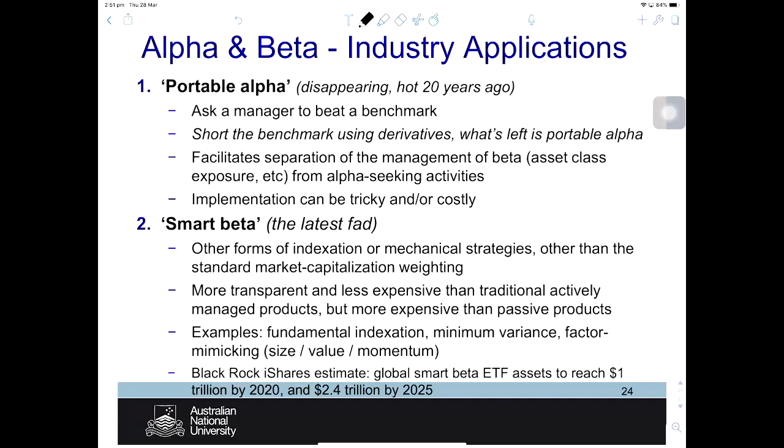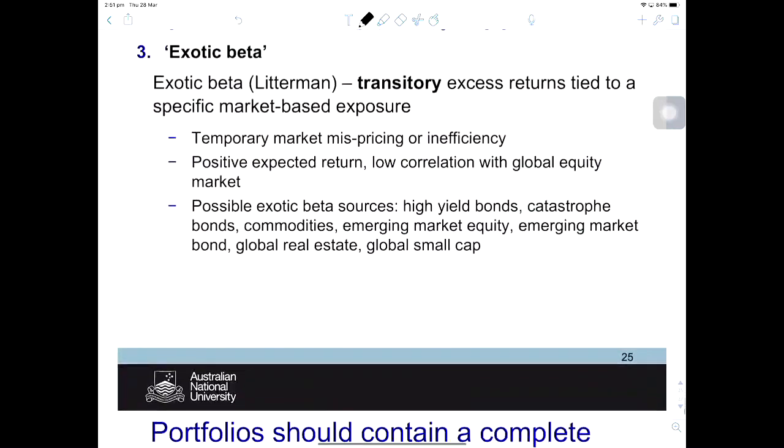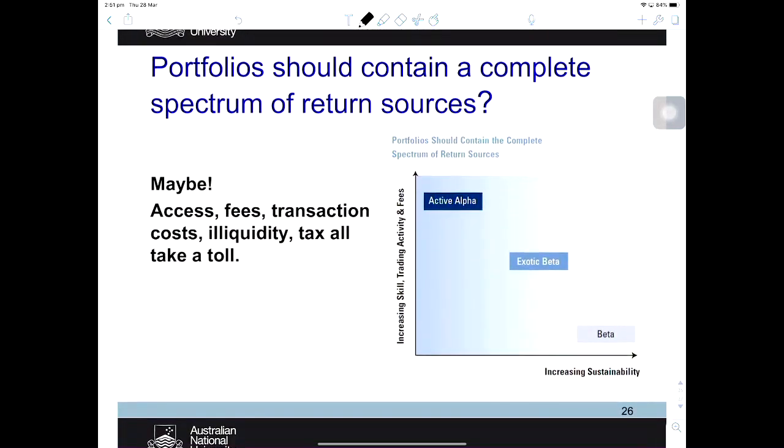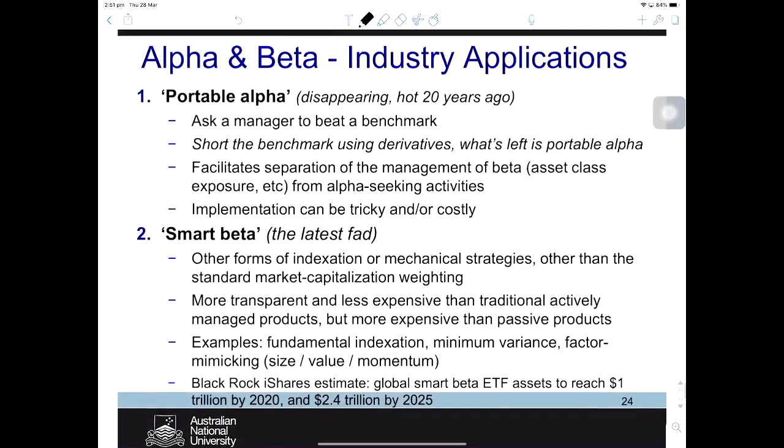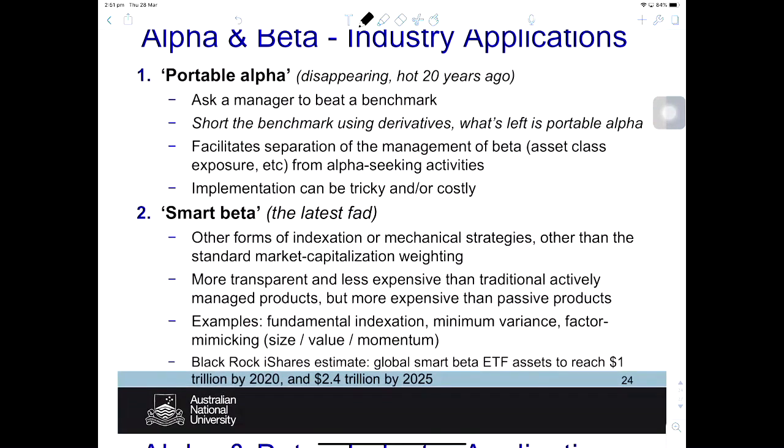Okay, we offer you something different, which is actually between. The investment products we promise to offer a higher expected return than the passive index at a marginally higher fee, but much lower than the active investment products.